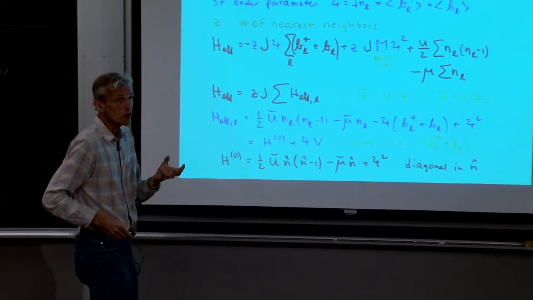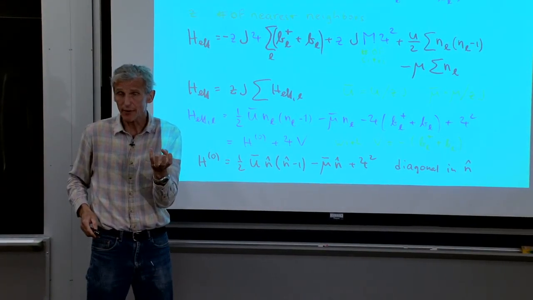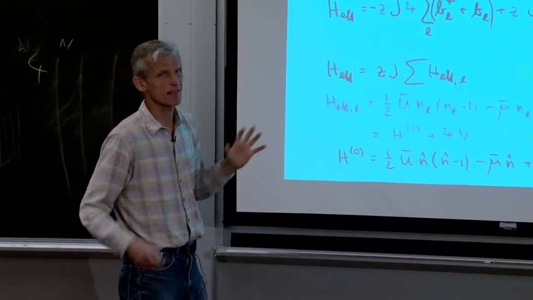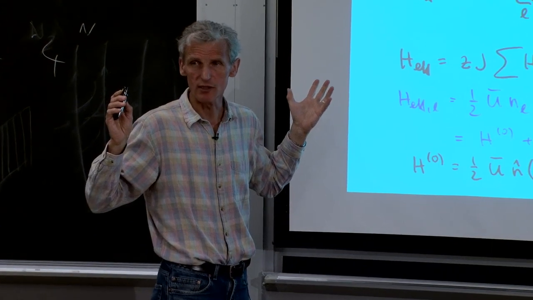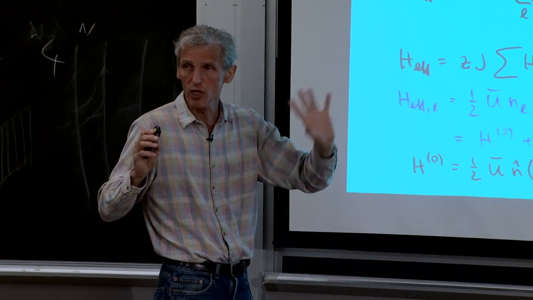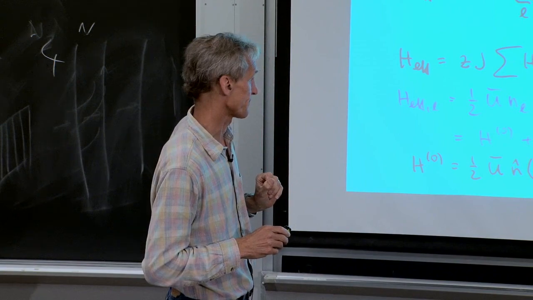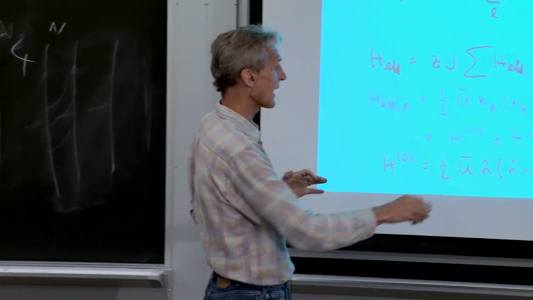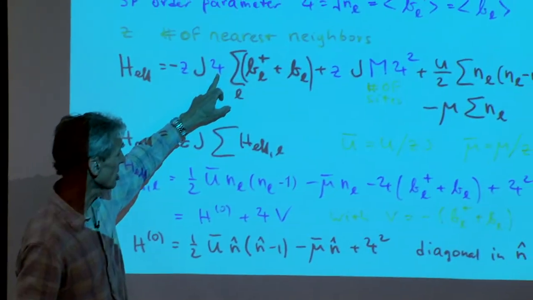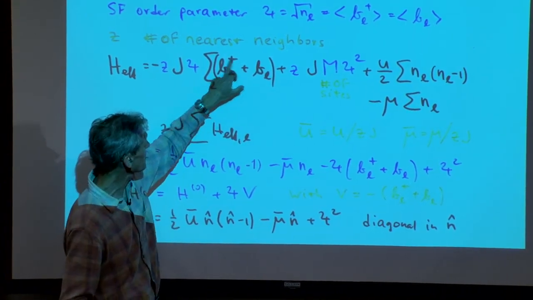Now, I want to catch the onset of superfluidity. So I want to get the system when psi is small. I don't know what psi is. It's part of my solution. But I'm interested in the moment when psi begins to take off from zero, when superfluidity emerges. So what I can do is regard psi as an epsilon parameter, as a small parameter. And the psi parameter comes with an operator V, and this operator V is nothing else than B_L dagger plus B_L.